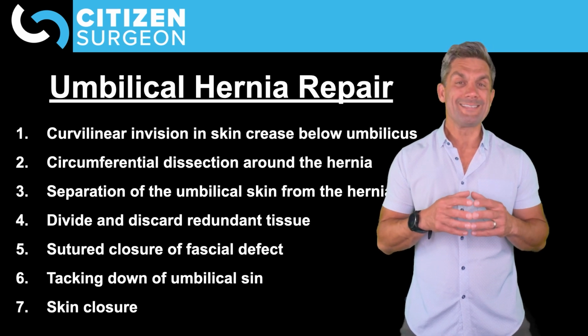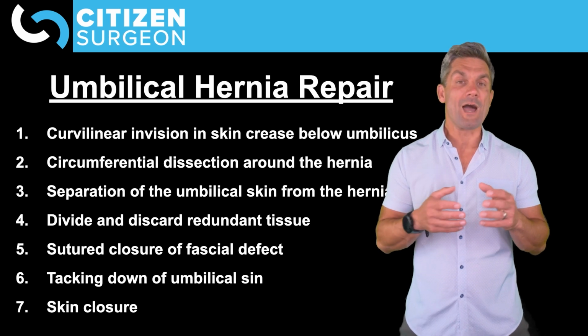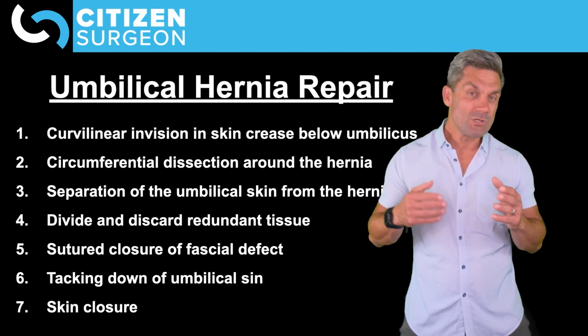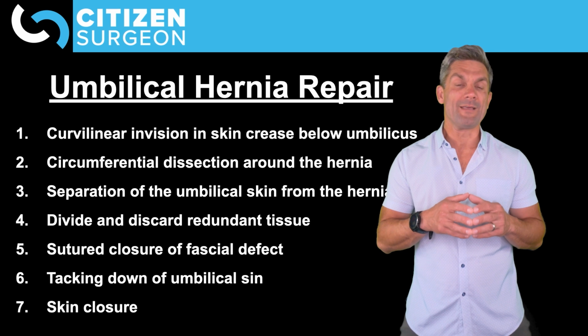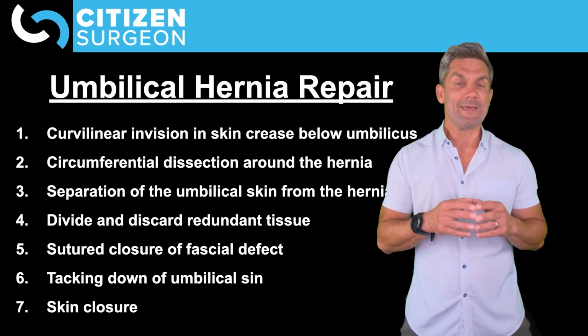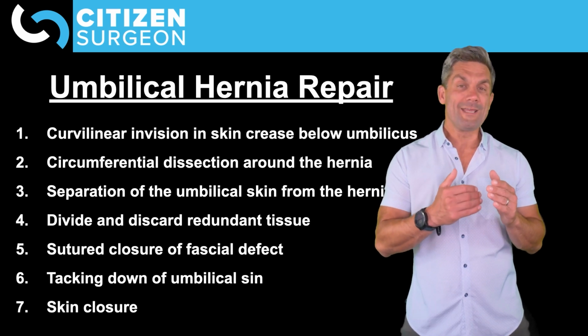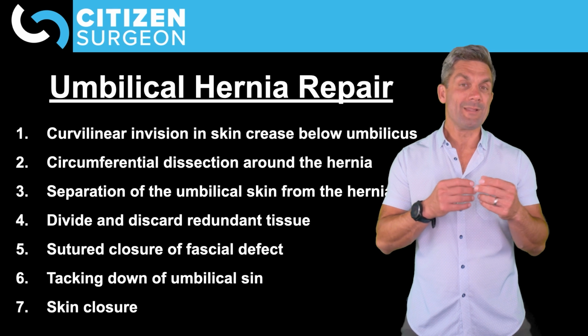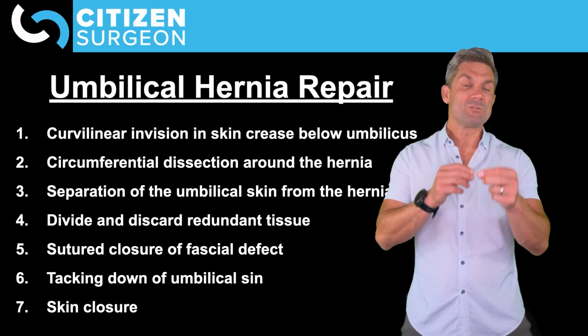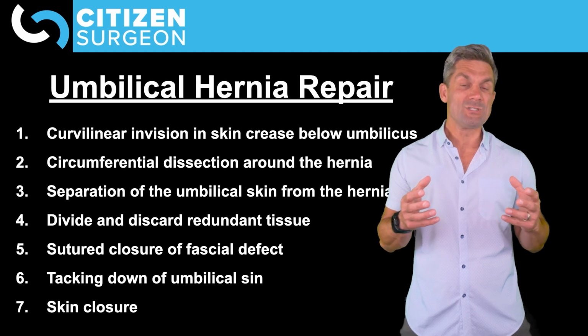I'll deepen this into the soft tissues, identify that umbilical stalk where the hernia is, and then circumferentially dissect around this with a hemostat. Okay, once I've completely encircled the umbilicus, I'll separate the umbilical skin from the hernia sac and usually put a couple of hemostats on the hernia sac so I can lift this up. I'll excise or discard the extra tissue.